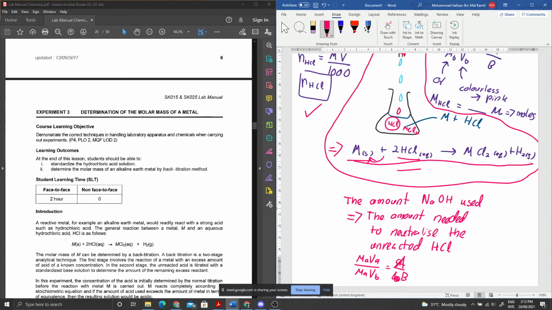So we use this equation. So we see how much the volume is. We still use the normal equation, but we look at how much volume of HCl we get from the second titration.